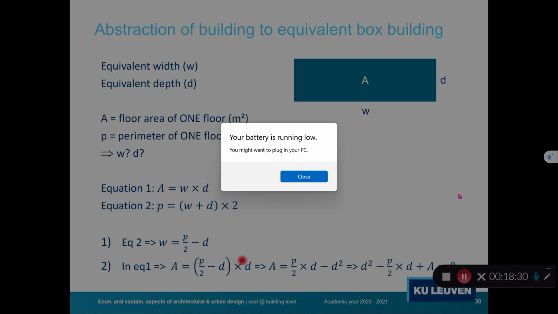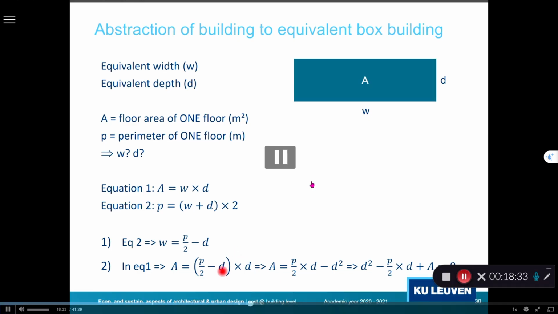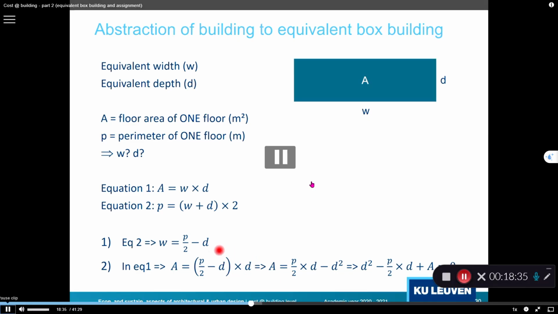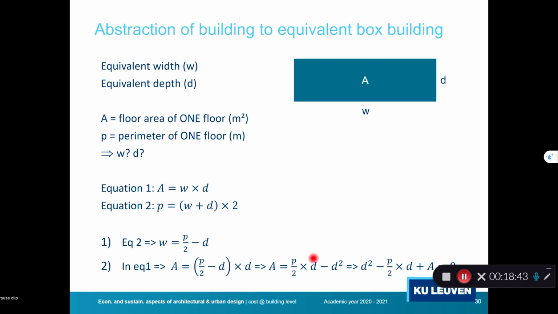By doing that, we can determine the depth of our building, because that's the only parameter we don't know. So the area equals the perimeter divided by 2 multiplied with the depth, that's the first part, minus the depth multiplied with the depth, which is the depth squared.